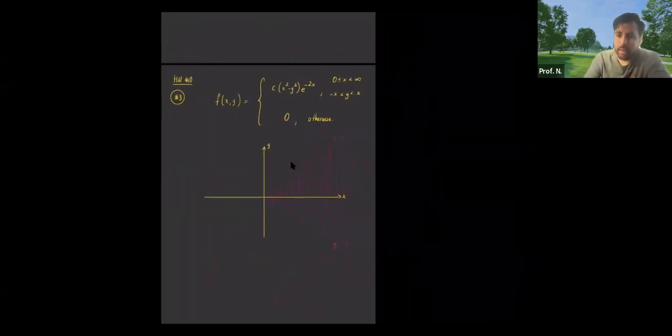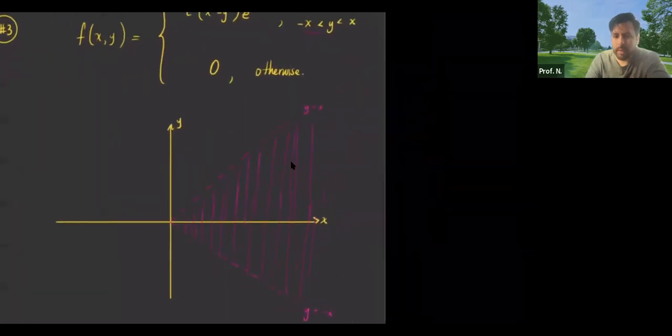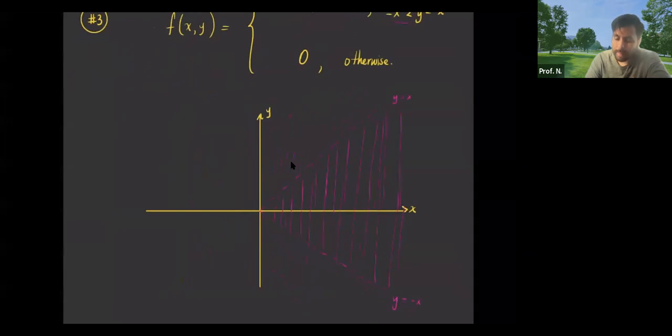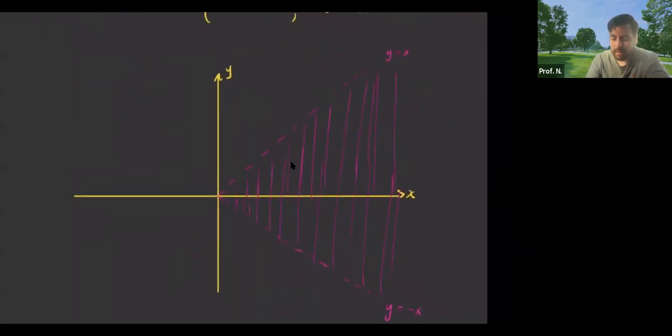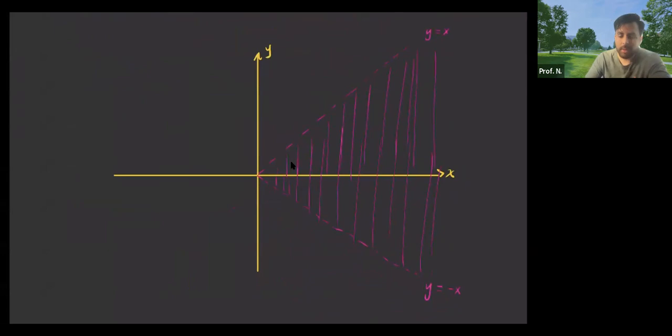Isn't that positive x? Which one is positive x? This is y equals positive x. No, this is not positive x. This is negative x. Y equals negative x. I know when we do more advanced mathematics, the basic mathematics sometimes gets lost. It just happens. But y equals negative x is a linear function whose y-intercept is 0 and whose slope is negative 1.